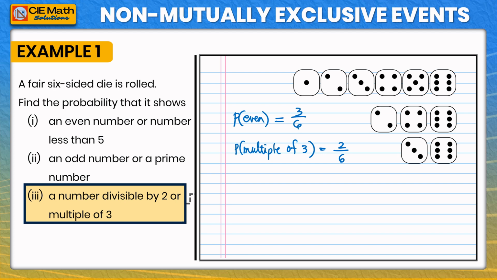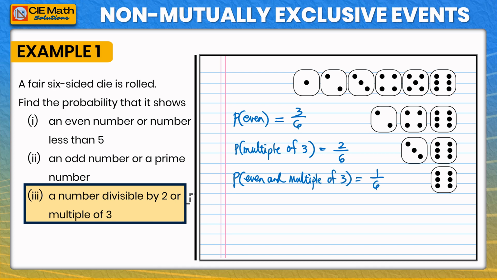Now again, let's check. Is there any common element between them? Yes, there is. The common element is 6. So the probability of getting an even number and, at the same time, a multiple of 3, is 1 out of 6.